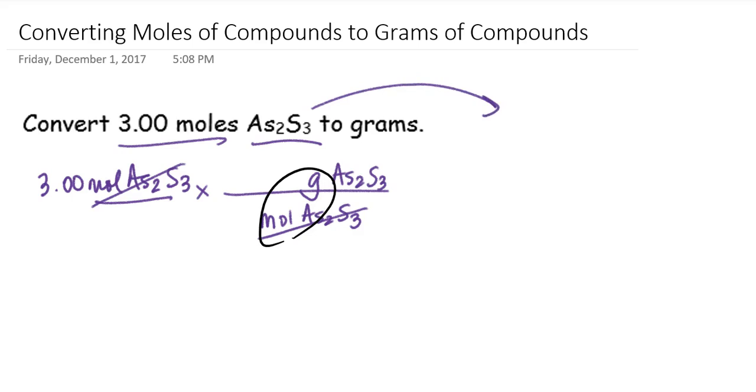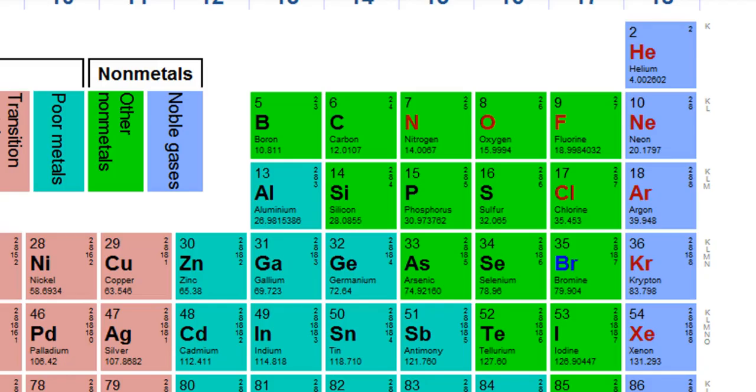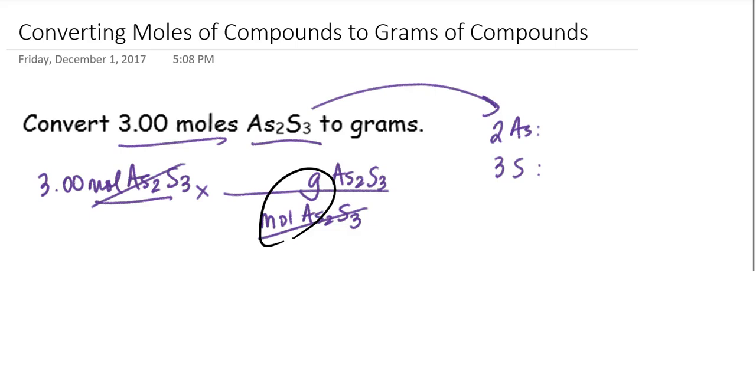I start to do that by first counting up how many there are of each of the different types of atoms in this particular compound. In diarsenic trisulfide, I have 2 arsenic atoms and 3 sulfur atoms. So I'm going to go to my periodic table and look up the molar mass of arsenic. I can see in the periodic table that, to 4 significant figures, the molar mass for arsenic is 74.92 grams per mole.